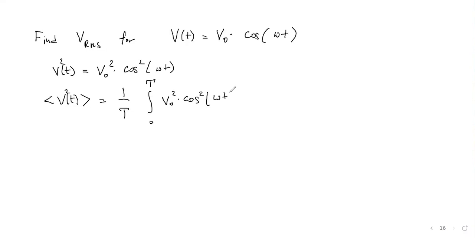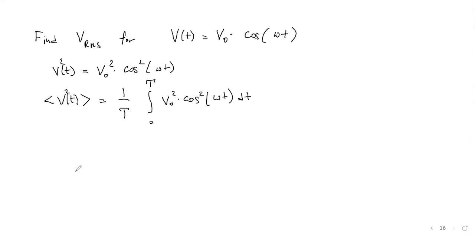What is the difference between RMS and standard deviation? If you have a non-zero average, then they will be different. But if your average is 0, then there is no difference.